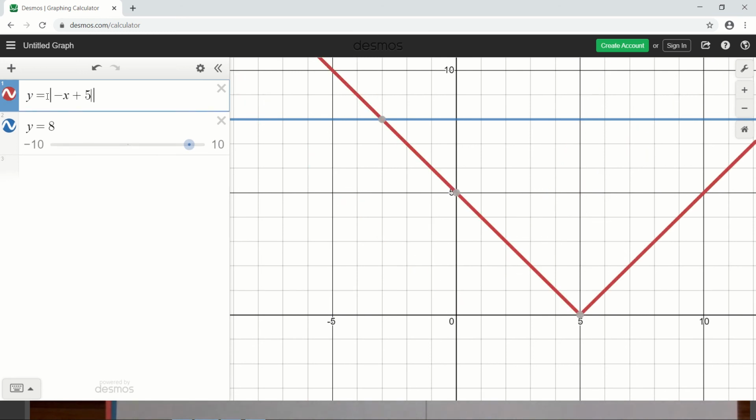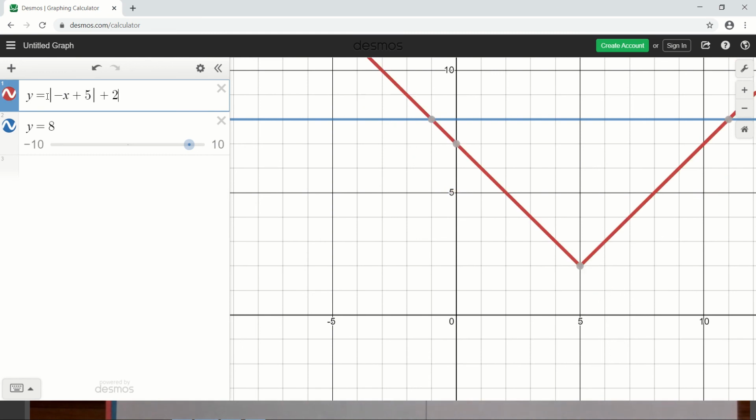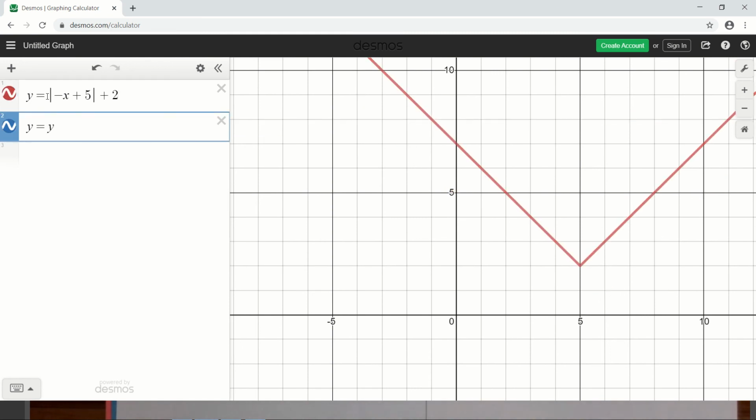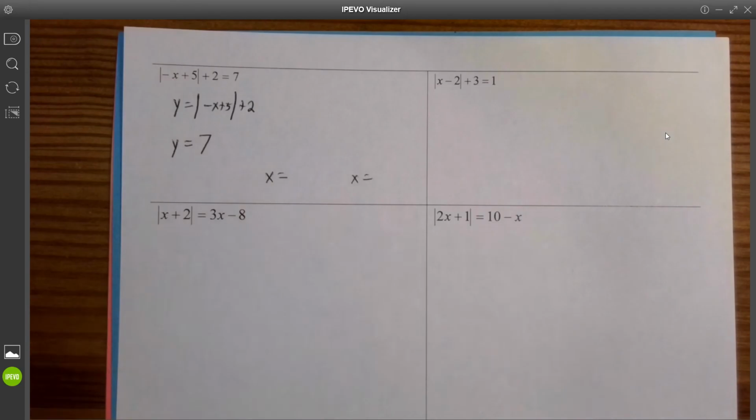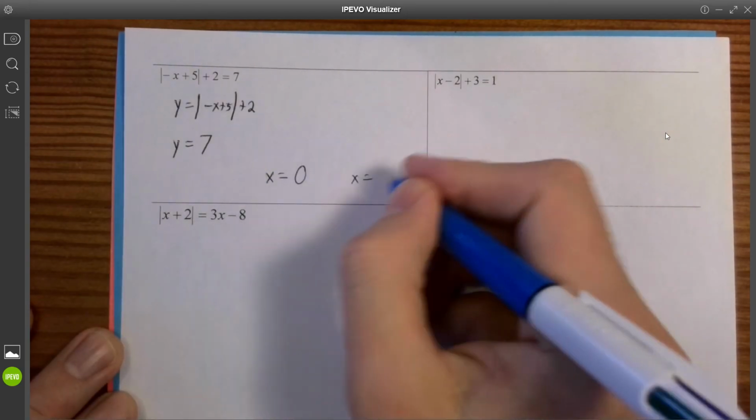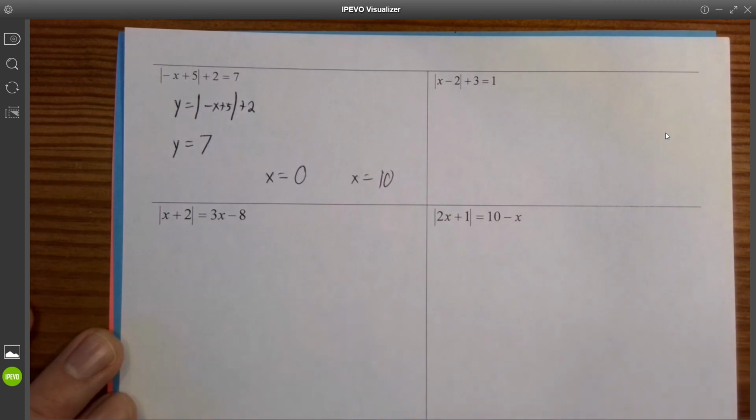Negative x plus 5 and then plus 2. And then the other one is y equals, whoops, y equals 7. And we want to find out where they meet. Well, they meet here, and they meet here. And here and here are two different coordinates, but all I need is the x value. So 0 and 10. So 0, 10, done.